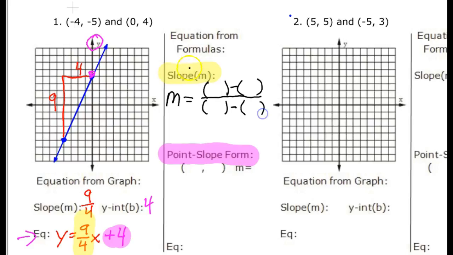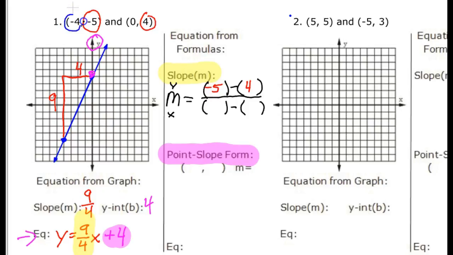So the y's go on top, x's on the bottom. So y's would be -5 and +4. I already know what the answer is going to be if I did it right. It's going to be 9 over 4. So I'm expecting the same answer as we did.